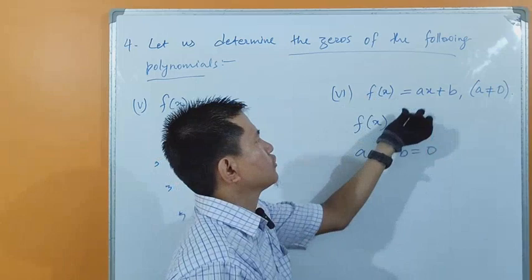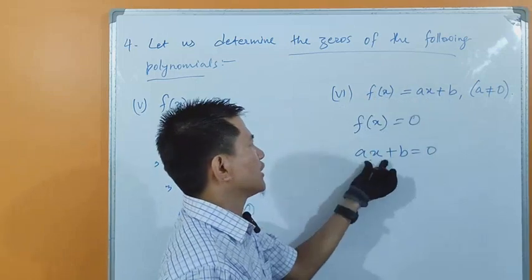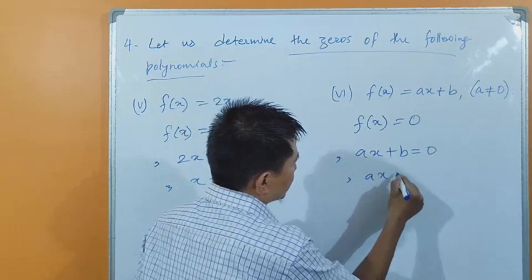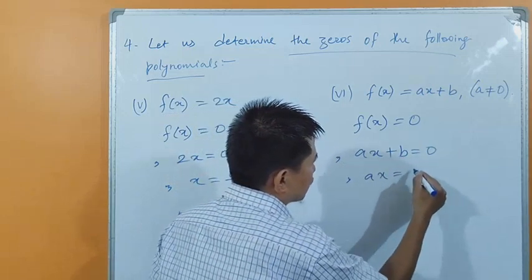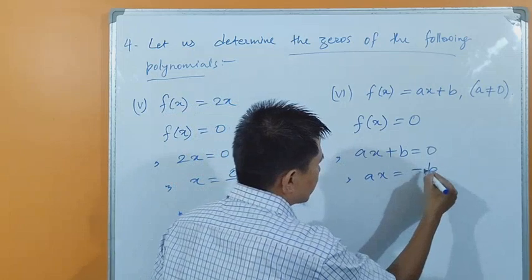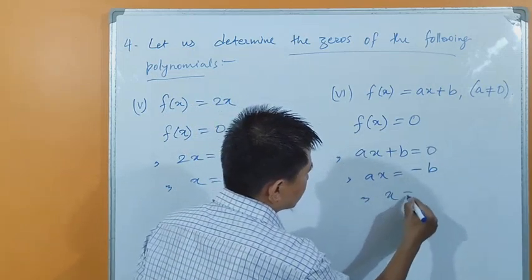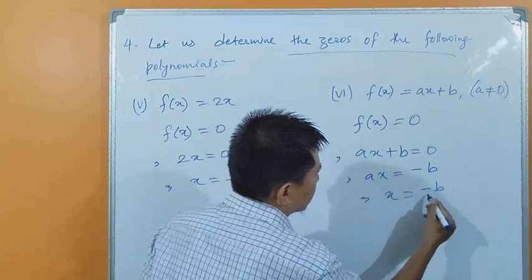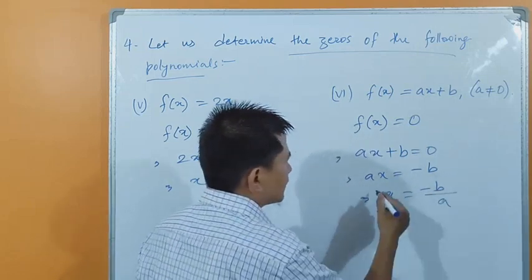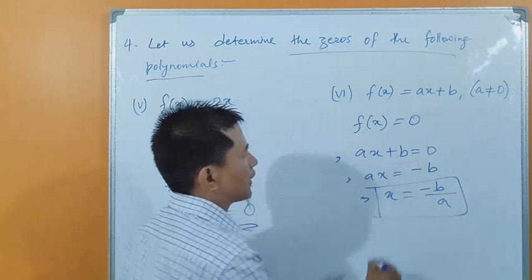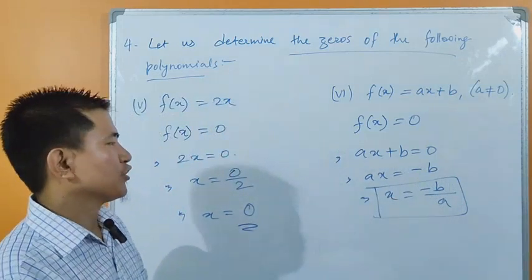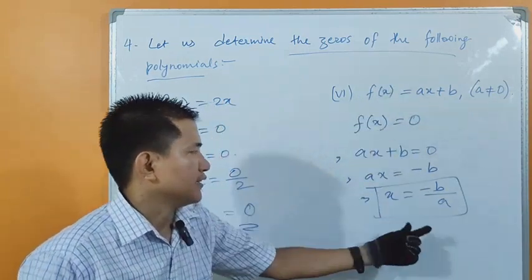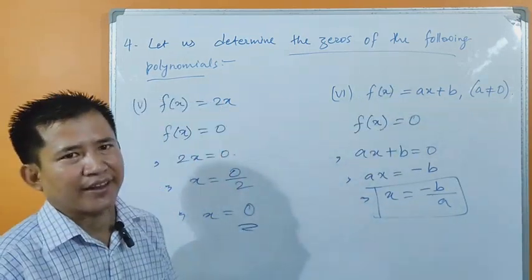Since f(x) equals 0, so ax plus b equals 0, or ax equals, this plus b when taken to the right hand side becomes minus b, or x equals minus b. Let us take this a by cross multiplication to the denominator in the right hand side, so x equals minus b upon a. So this is the last question, and the zero of the polynomial is minus b upon a, okay?